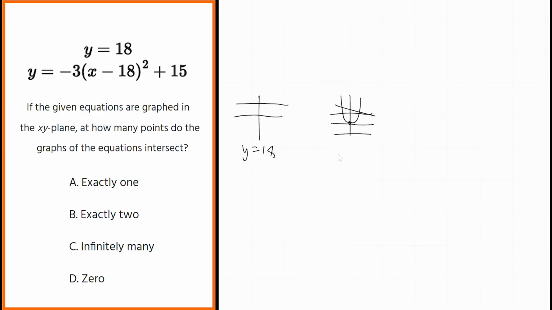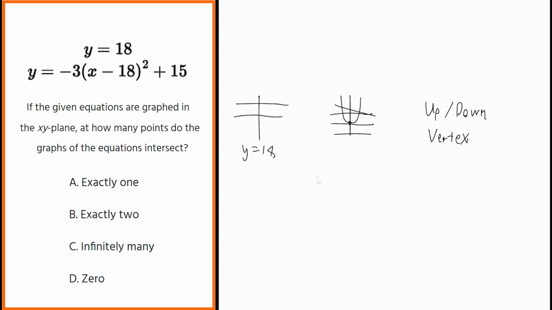So to figure out the range of our equation, we need to know two things. We need to know if it opens up or opens down, and we need to know where is the vertex.